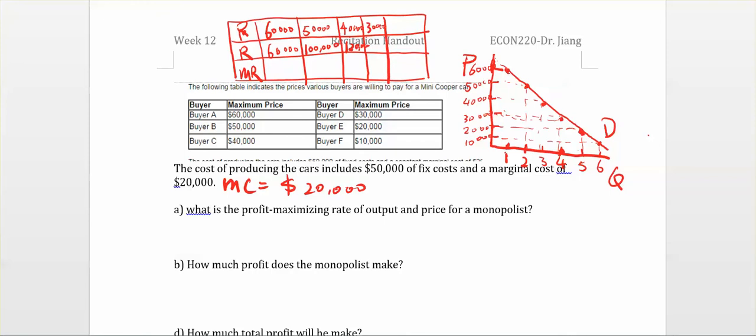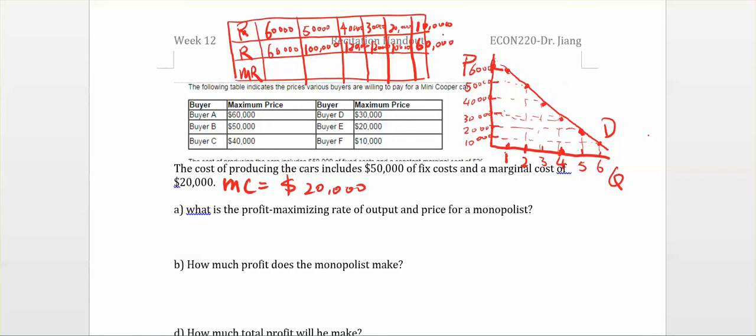Now at $30,000, we have 4 people who want to buy it, and we have $120,000. If the price is $20,000, we have a total of 5 people who want to buy it, so that is $100,000. And when the price equals $10,000, 6 people want to buy it, and it's $60,000.